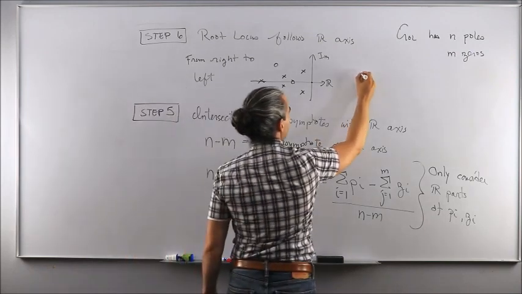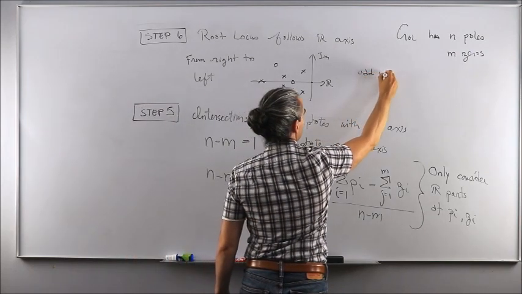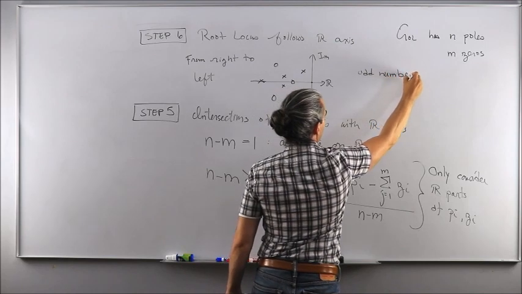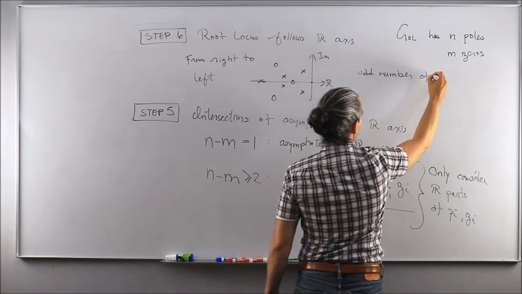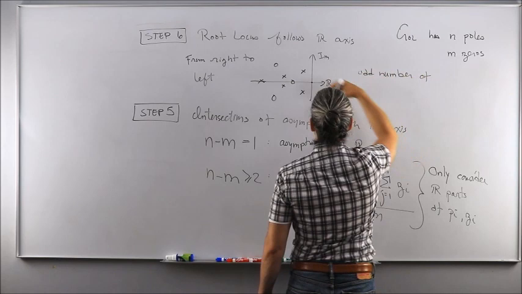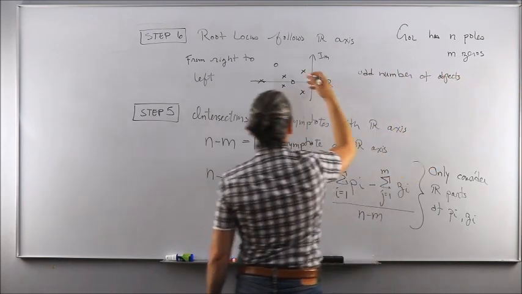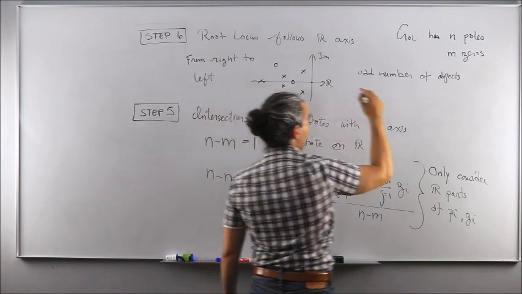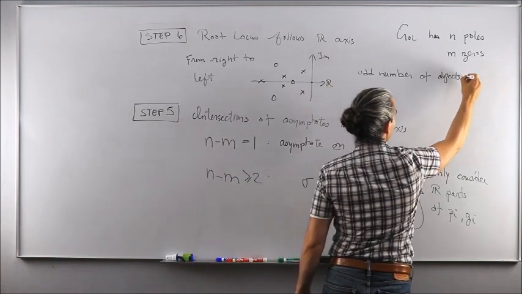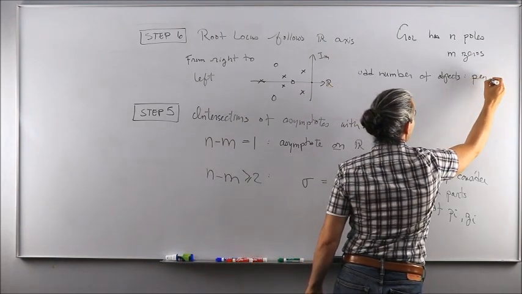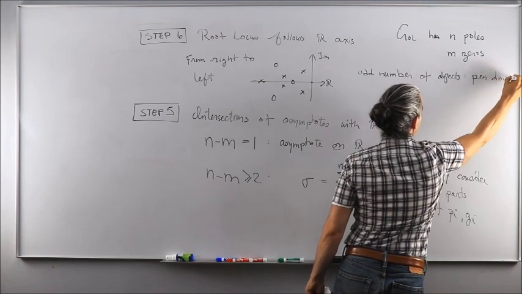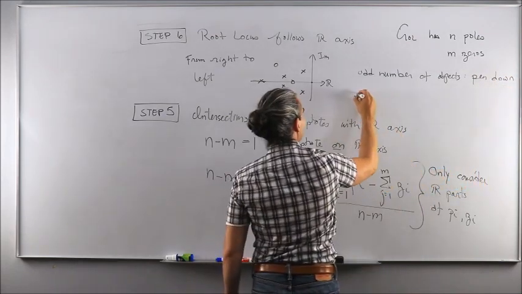I'm going to say odd number of, let's just call them objects for the time being. These are poles and or zeros. Odd number of objects: drop your pen on the real axis.